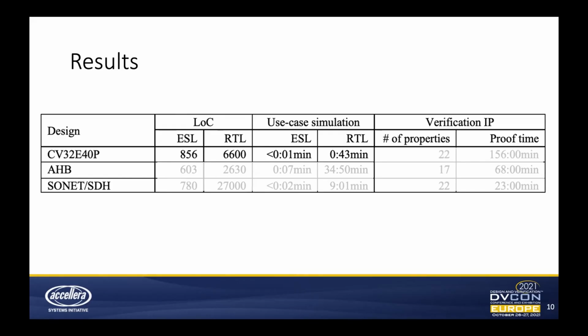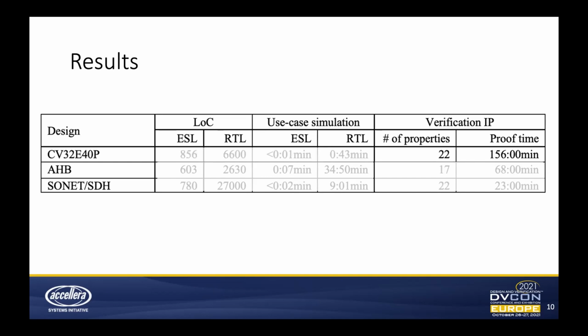And we did rerun these tests also on the RTL to measure how much speed-up we actually get, because one of the goals is to shift left the verification and have a simpler and easier to use reference model. And we see here that we have some nice results for the simulation.